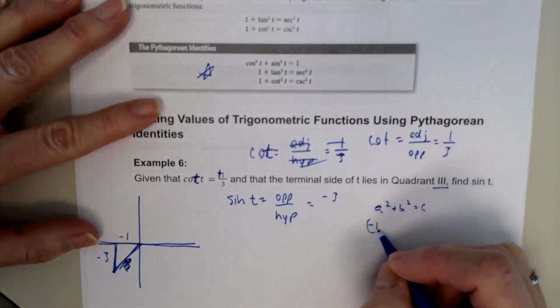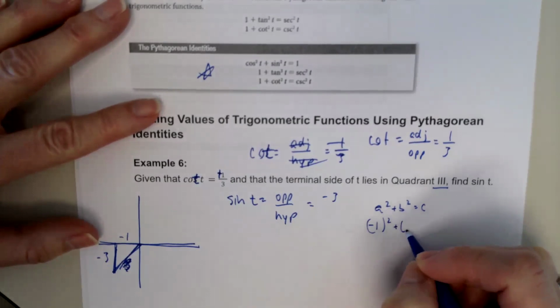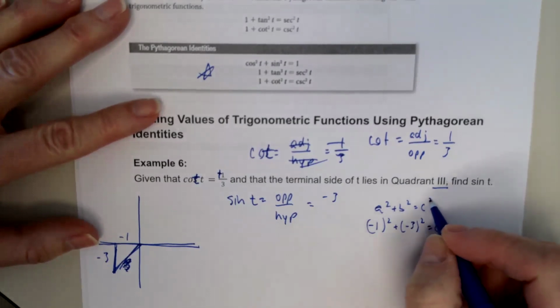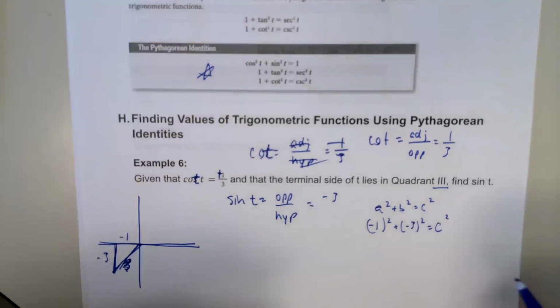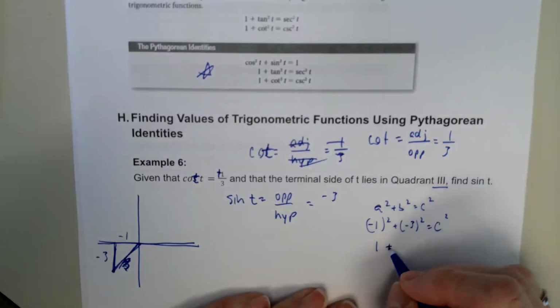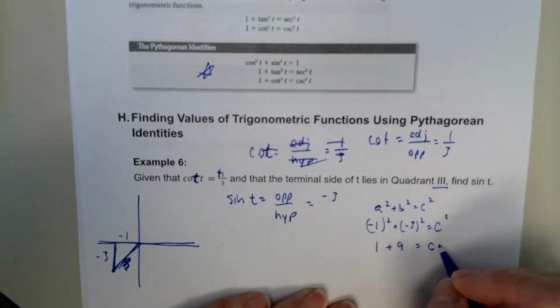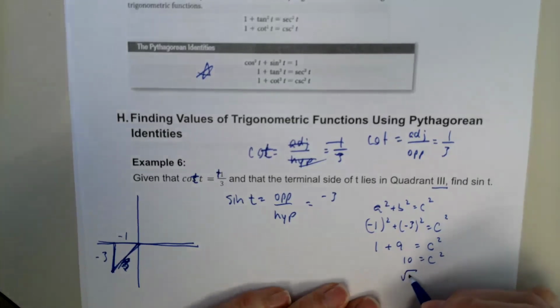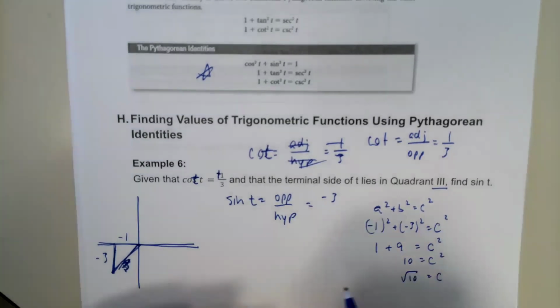Right now I know -1 squared plus -3 squared equals c squared. So I have 1 plus 9 equals c squared. The c squared equals 10. So that means the square root of 10 is equal to c.